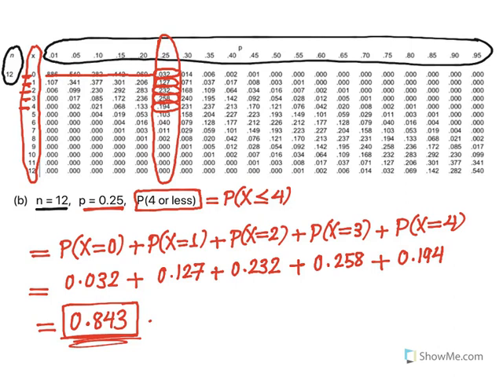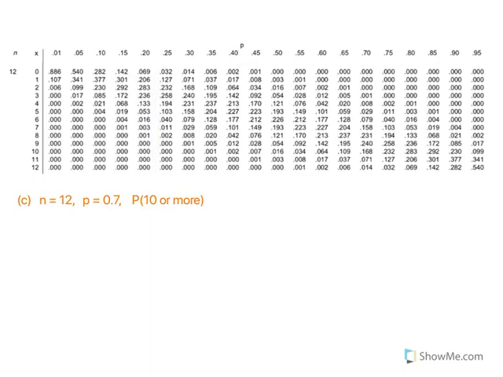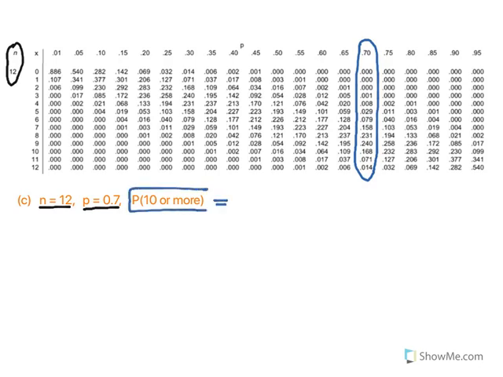And let's go to the last part. The last part is, again, n is 12. So you look at the part from your table that has n equal 12. p is 0.7, which is this part here. And notice that we want the probability of 10 or more.